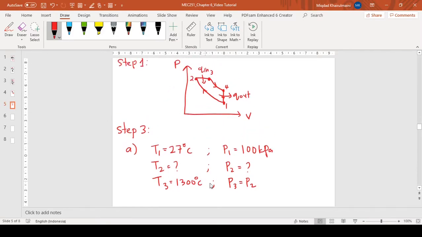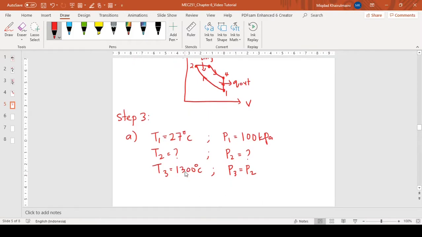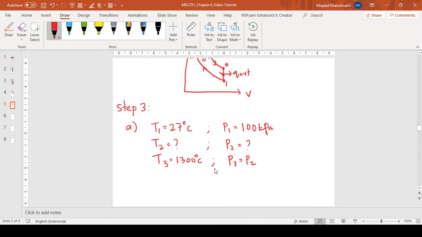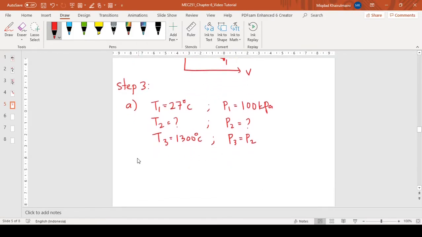And finally, for state 4, we do not have the temperature and also we do not have the pressure at state 4. So which one we do not have, we have to find in step 3 later. So this is step 2.